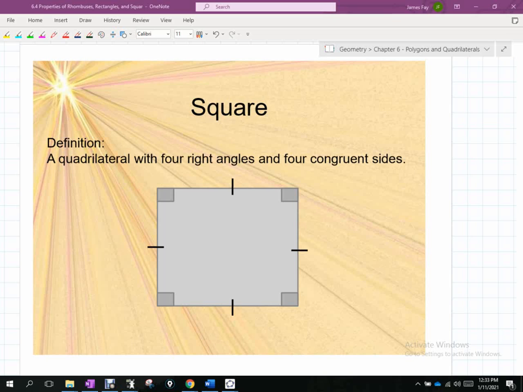It's going to have the features of a rectangle: 4 right angles and congruent diagonals. And it's going to have the features of a rhombus: all sides congruent, diagonals that are perpendicular to one another, and diagonals that bisect opposite angles.